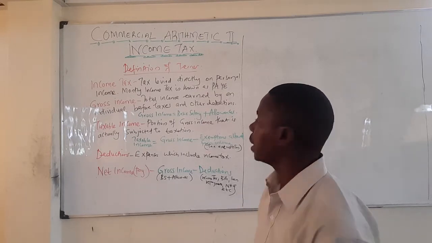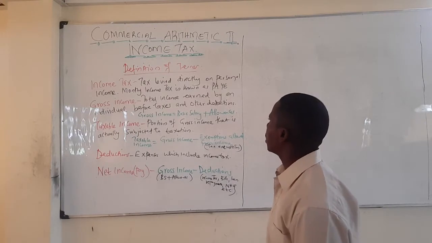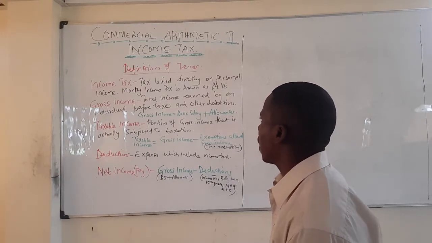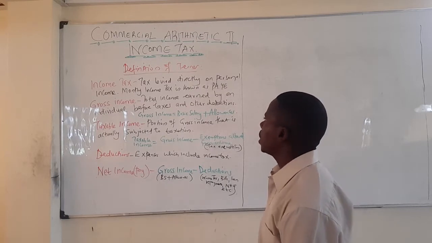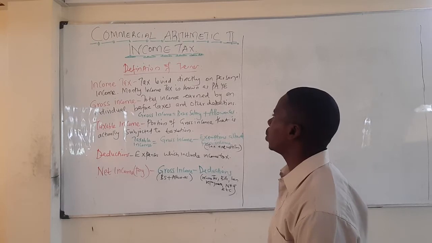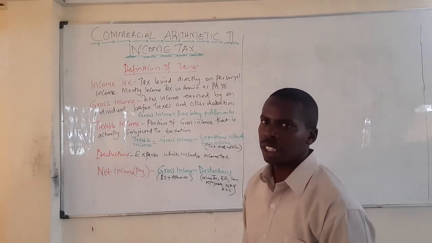So that tax that is levied on personal income, that is the one that we know when we talk about the income tax. The next word that we need to look at is the gross income. And the gross income, this is the total income earned by an individual before the taxes and any other deductions.